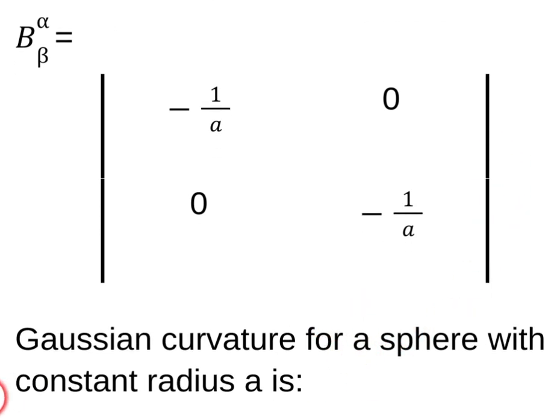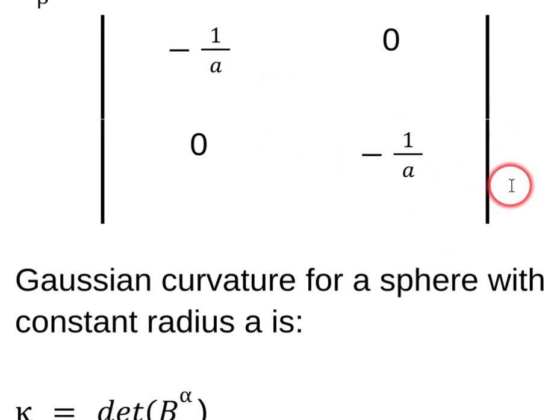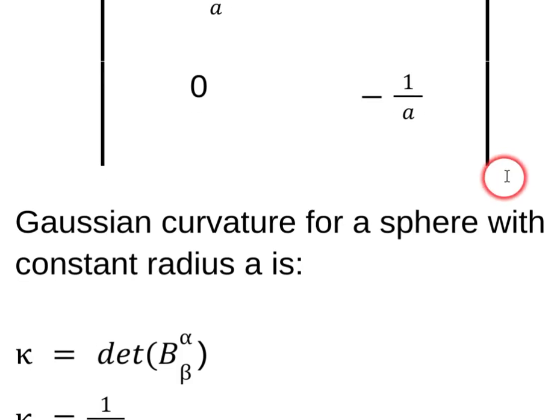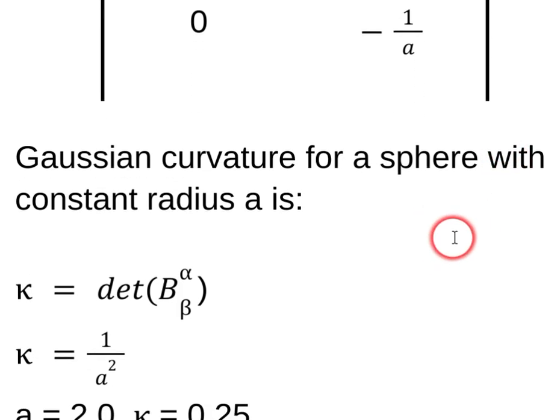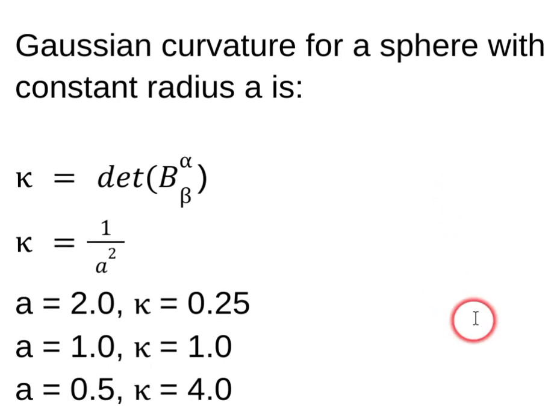Now, it turns out that to find the Gaussian curvature, kappa is what they call it, of a sphere with constant radius a, we just multiply these together. So it's the determinant of that matrix, and it is 1 over a squared. And that makes sense. Let's look at it. So this is the radius. For a radius of 2, we get a certain value of kappa. As we lower the radius, it gets smaller and smaller, and the curvature increases.